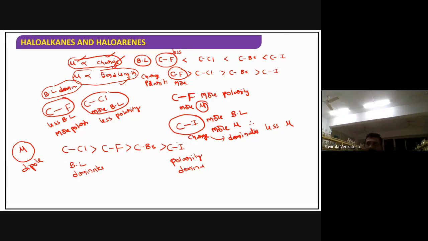In this way, one is with respect to bond length, other is with respect to bond polarity. So why is C-Cl having more dipole moment? Because C-Cl is having more bond length than C-F. Among these two, you have to compare, and that is the reason it is having more dipole moment here.